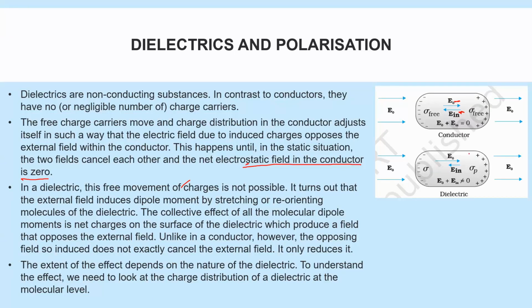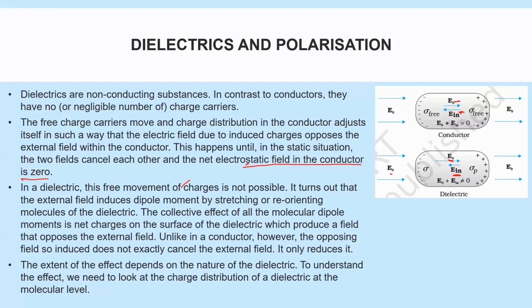The collective effect of all the molecular dipole moments is going to create the net charge on the surface of the dielectric, which will then produce an electric field that is going to oppose the external field. E0 is your external field. E induced over here is due to the net charge on the surface that is produced by the molecular dipoles.